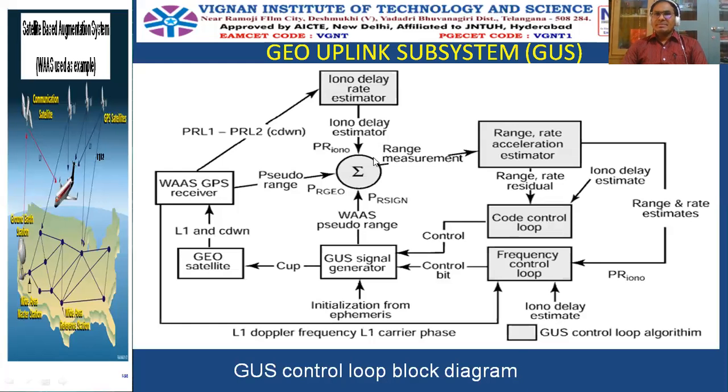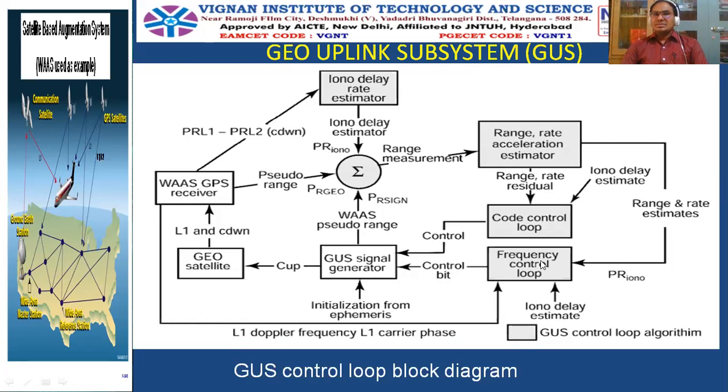So wherein we are using a mixer or summer, which will get the correction data from three types of sources, that is the ionospheric delay and rate estimator. That is, the WAAS GPS receiver will give the pseudo range as the input, and the geo uplink subsystem signal generator will give the WAAS pseudo range, which will take the initialization from the ephemeris data.